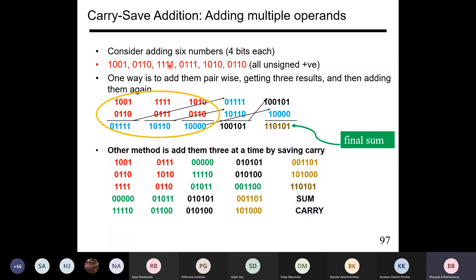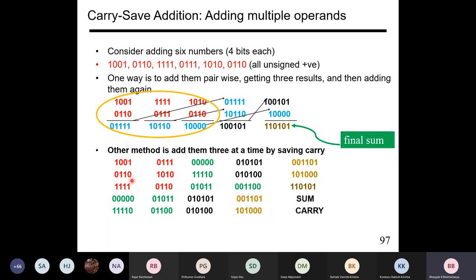So you have 6 numbers here, right? I first partition into 2 groups, 3 numbers here and 3 numbers here. Now what I'm going to do is this. Recall that in a full adder block, how many inputs are there? 3 inputs, right? In an independent full adder block, you have 3 inputs. That's why I have chosen 3 numbers here.